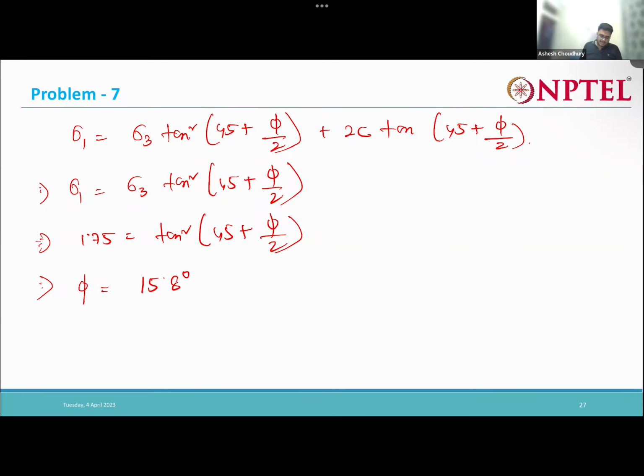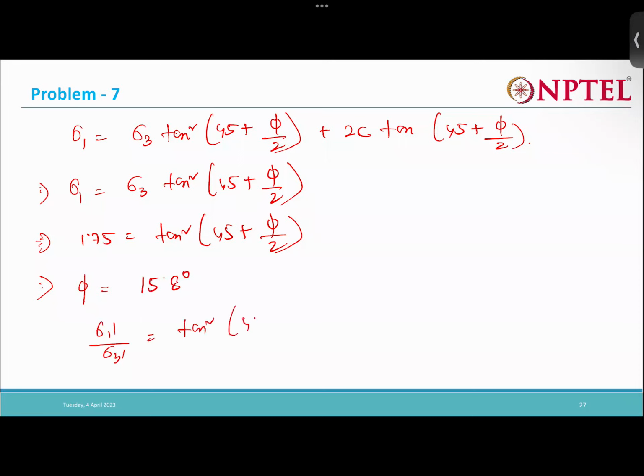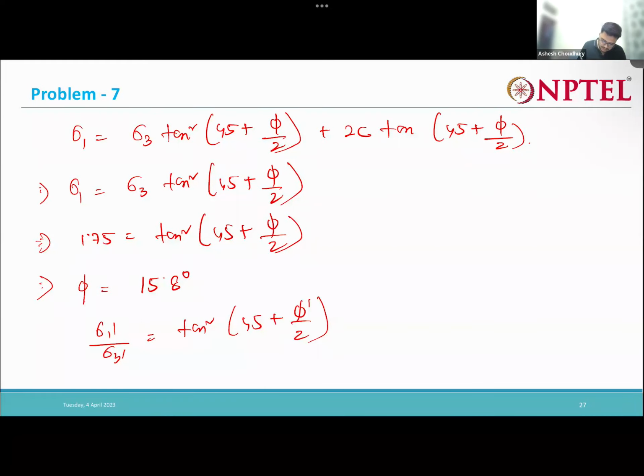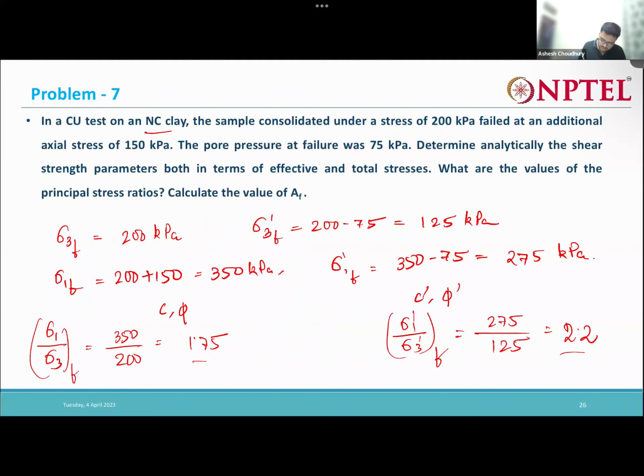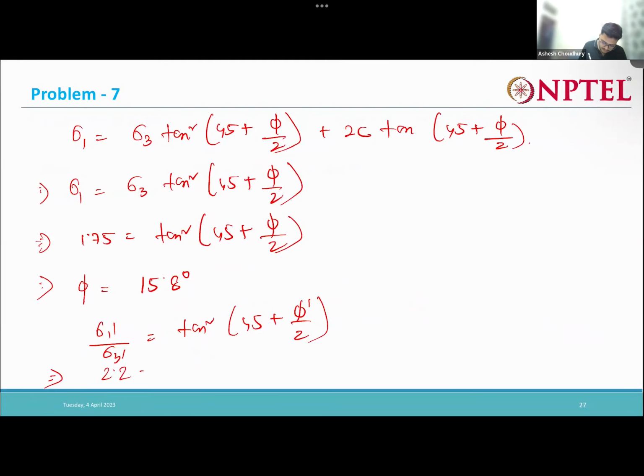Okay. And similarly, we can find out this phi dash value. So you already know this 2.2. Please calculate the phi dash value.